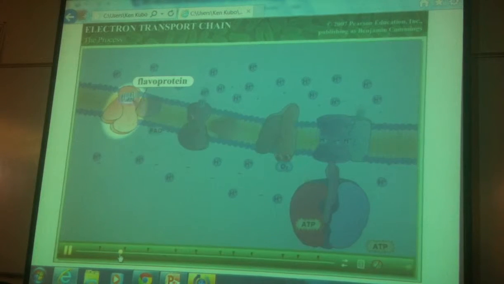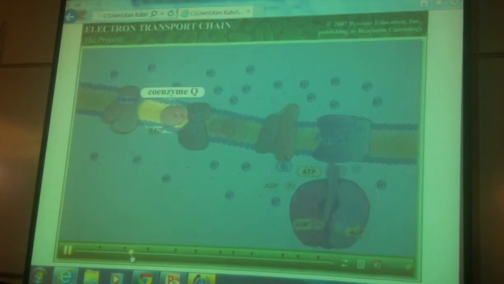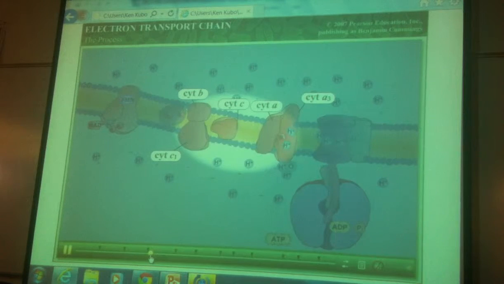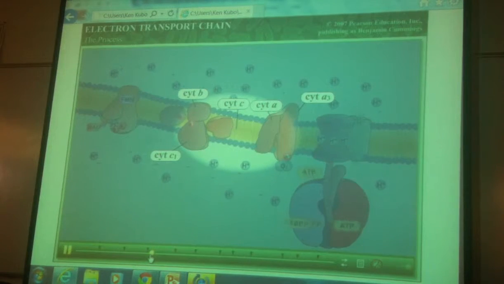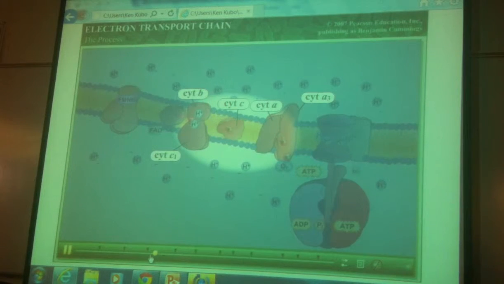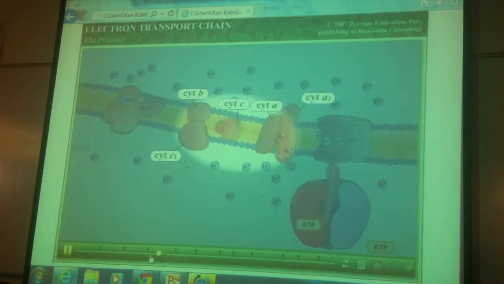As that happens, in some cases the hydrogen ions are going to get pumped out. You can see how these hydrogen ions get passed out across that carrier as the electrons get passed on.